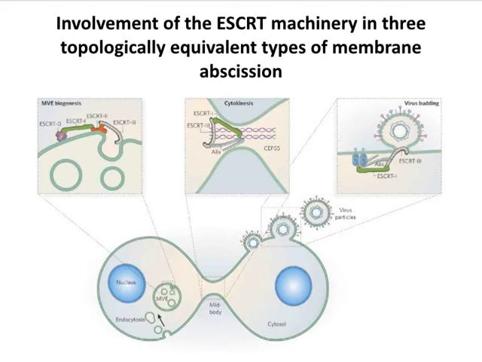The ESCRT machinery in cells is involved in activities where you have membranes pinching off from one another. For example, in the cell there are structures called multivesicular endosomes.